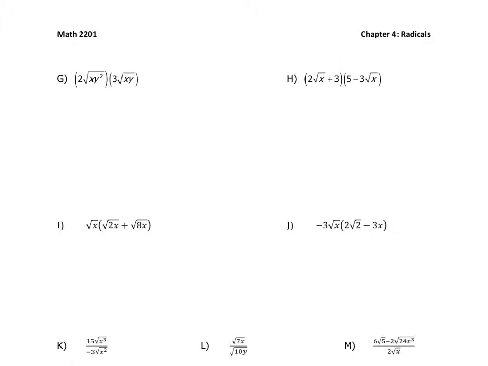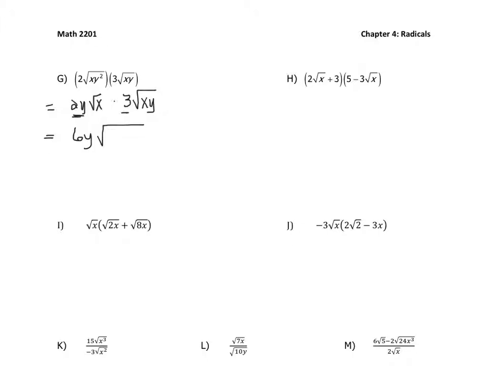Right, if you multiply in G here, again, you can simplify first before you multiply, because the y squared could come out as a y out front, and the square root of x would be left inside. And then you've got times your 3 square root xy. So when you put those together, the 2y and 3 get multiplied to give you 6y.